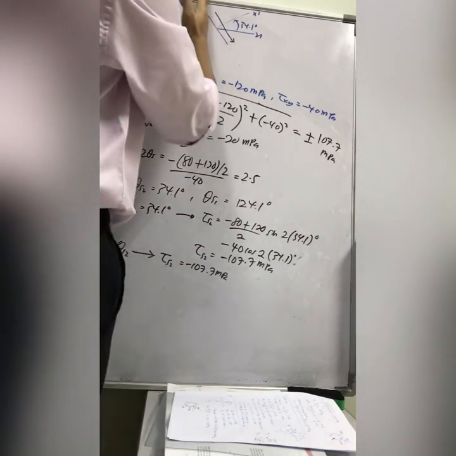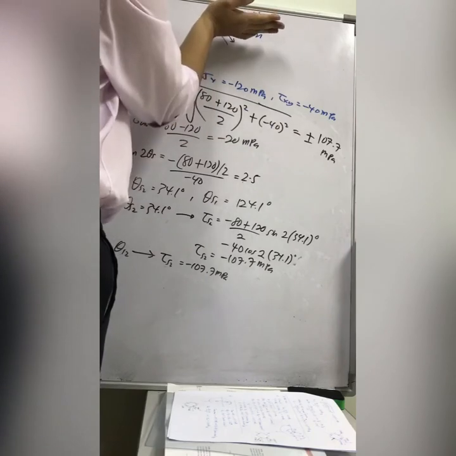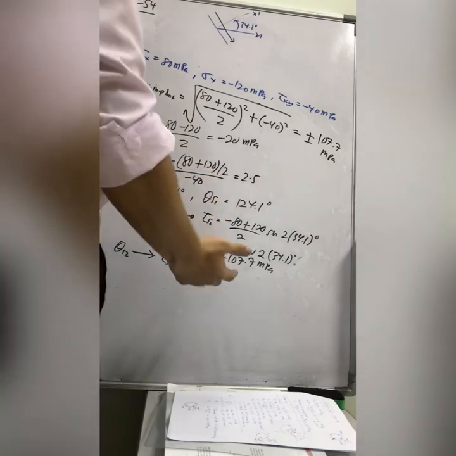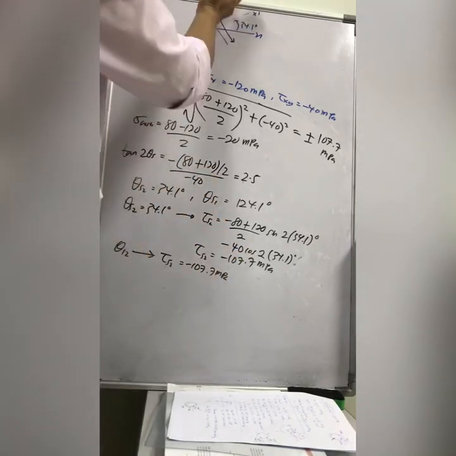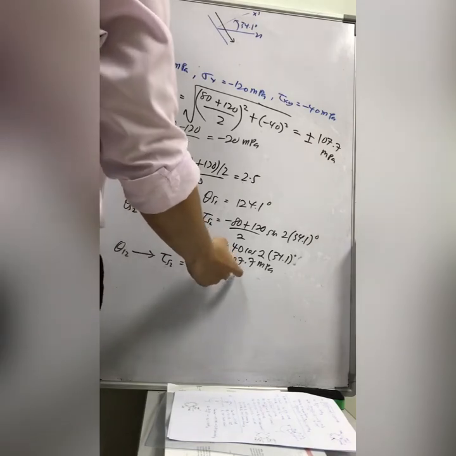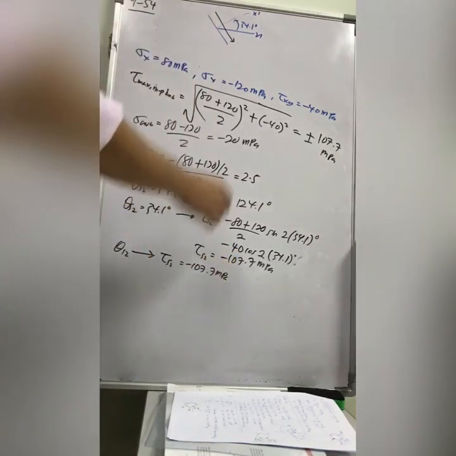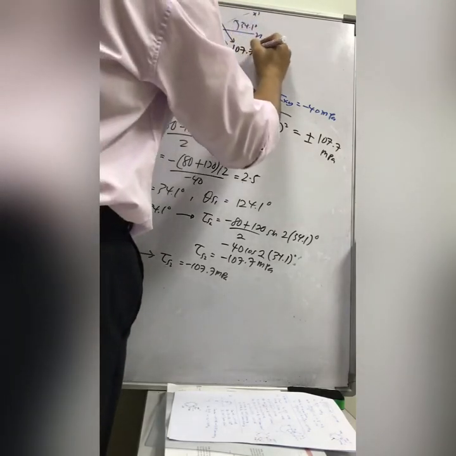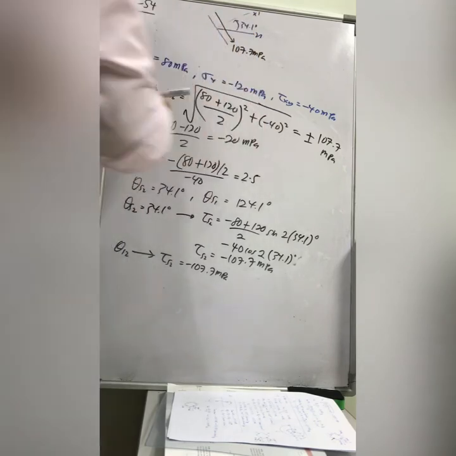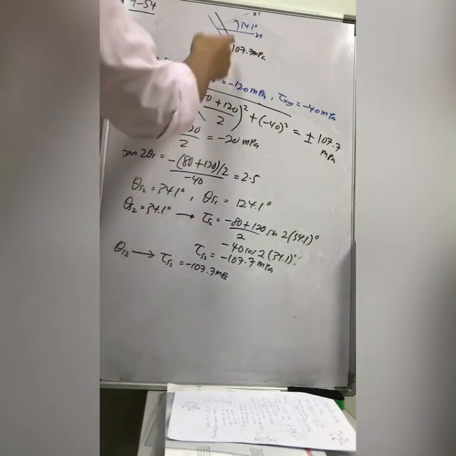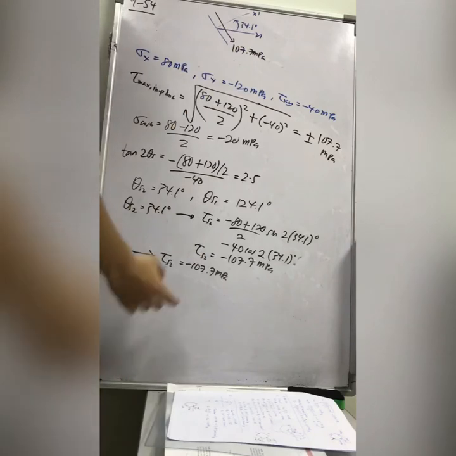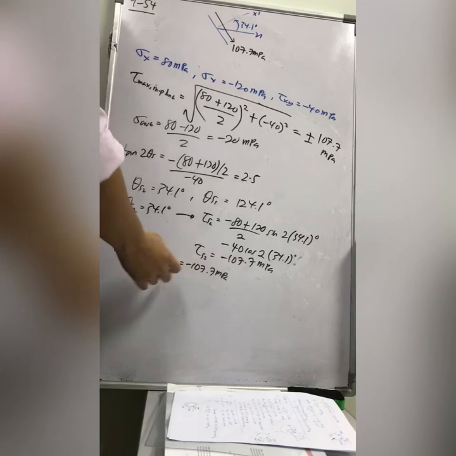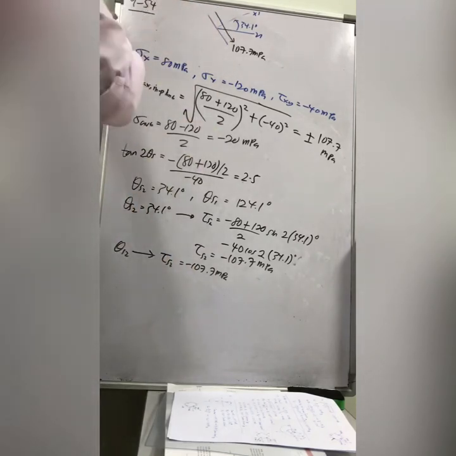Initially it was like this for x, and then from x it goes to x prime, the angle for the maximum in-plane shear stress, 34.1. What do you get? You get this minus 107.7. So that's why on the surface it goes down. It's 107.7 megapascal, but it goes down here on the surface because this angle of 34.1 degree positive corresponds to minus 107.7. So on this face it goes down, right?